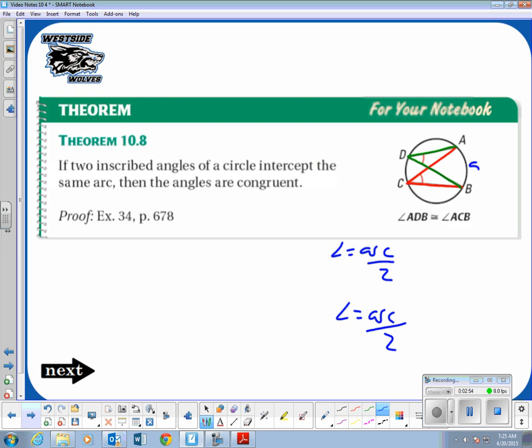So if this is a 50-degree arc, the angles are both equal to 25 degrees. So that shows us that if two inscribed angles intercept the same arc, then they will be congruent angles. So make sure you highlight that theorem.